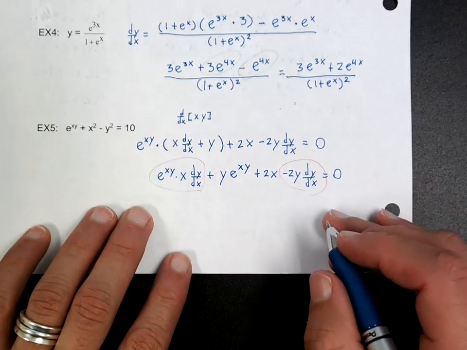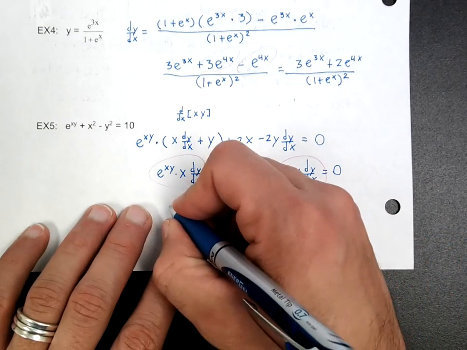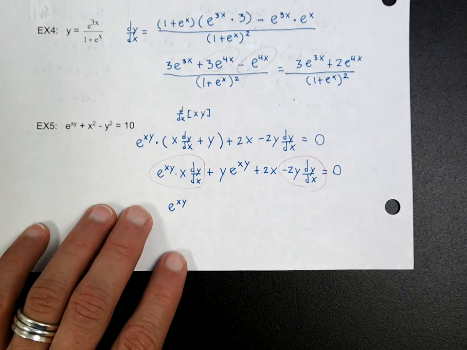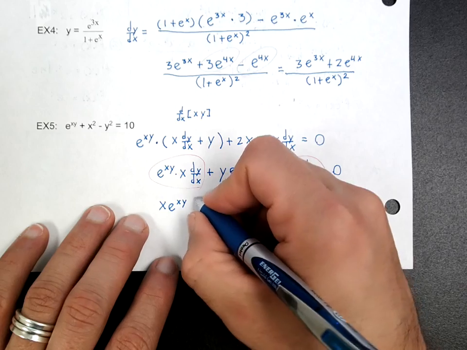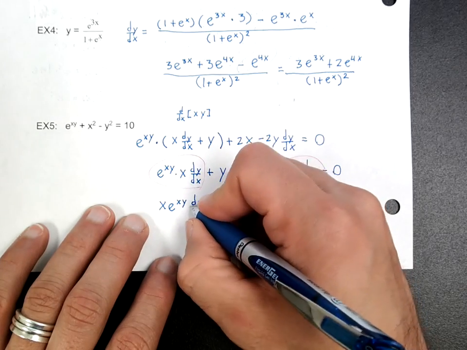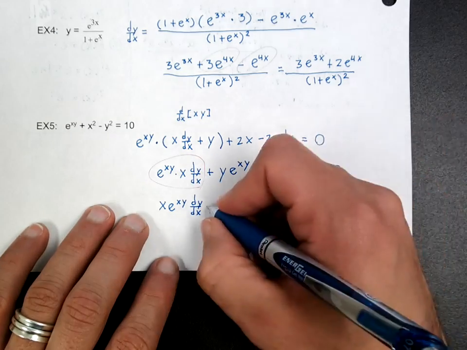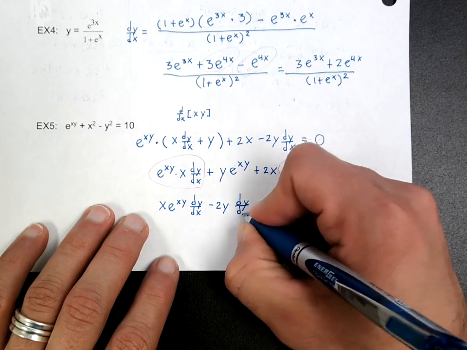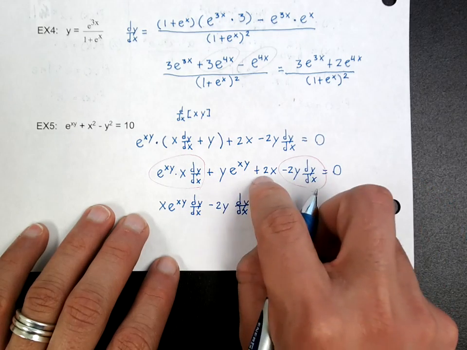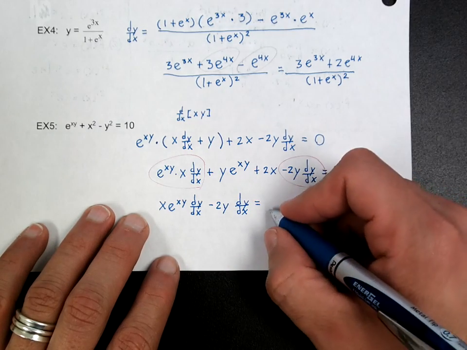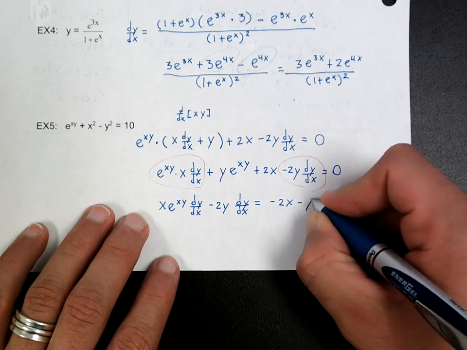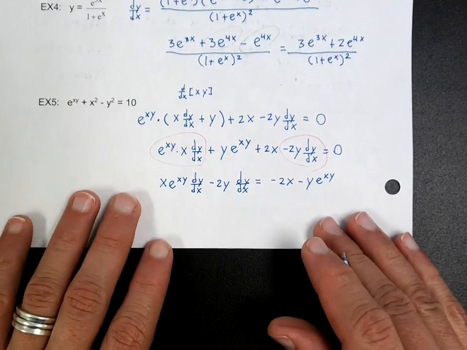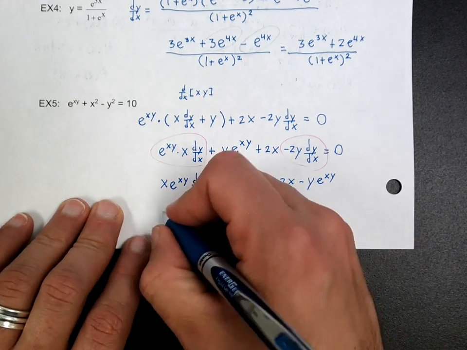So now I'm going to go step by step so as not to lose you. I'm going to write this over here like this now, but this is the same thing as this. I'm going to subtract that and that from both sides. So I get negative 2x minus y e to the power of xy. Now I'm going to factor out a dy dx here.